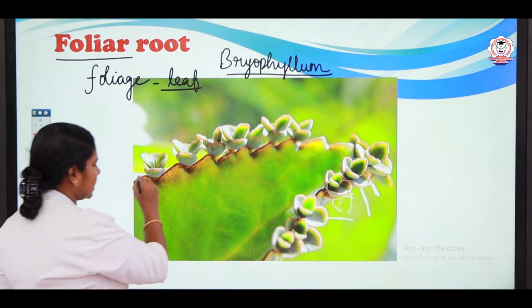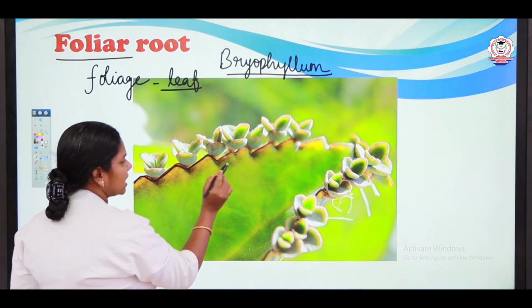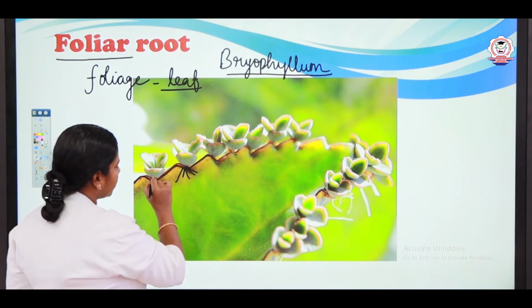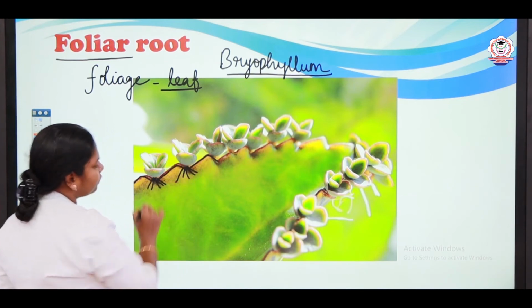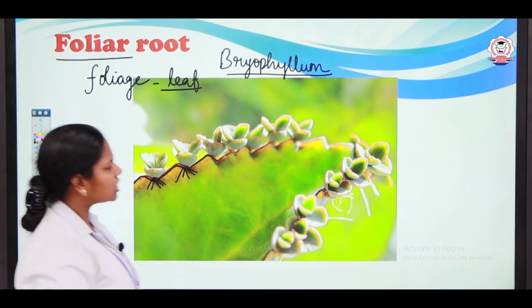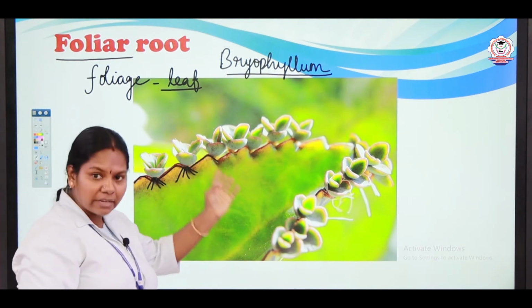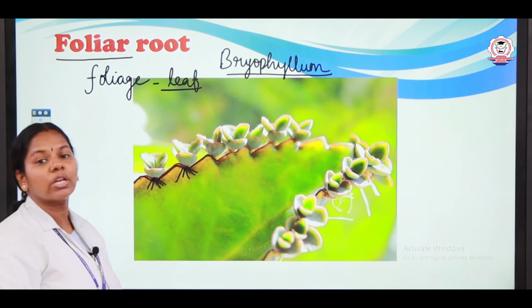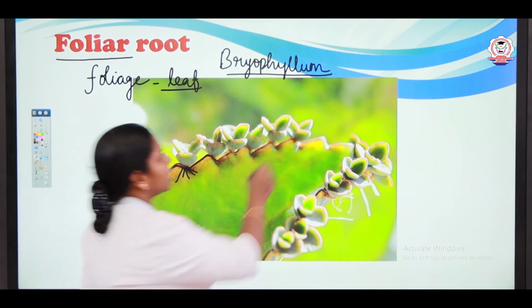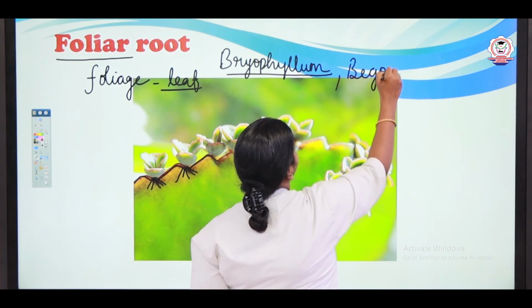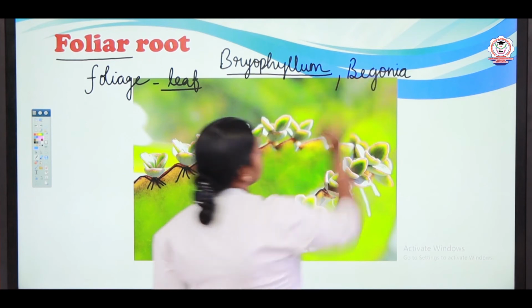For example, this is a leaf margin, children. You can see new buds are formed at the margin and roots are produced. And when they are fully grown, they get detached from the leaf. So such roots that arise from the leaf, we call foliar roots. Example, Bryophyllum, and another example is Begonia. Begonia is also an ornamental plant.